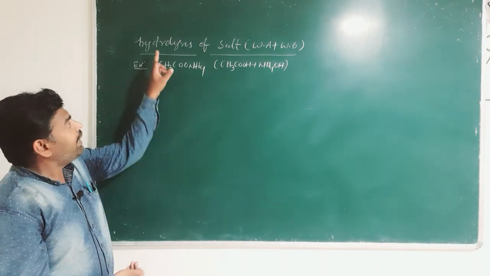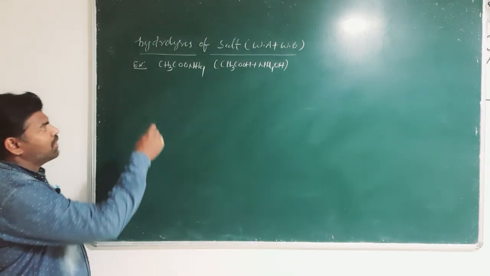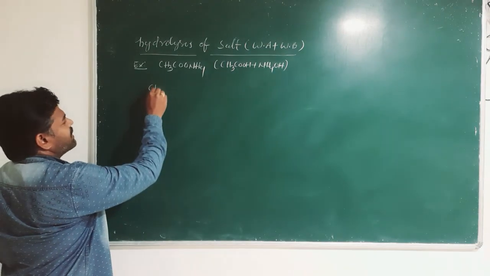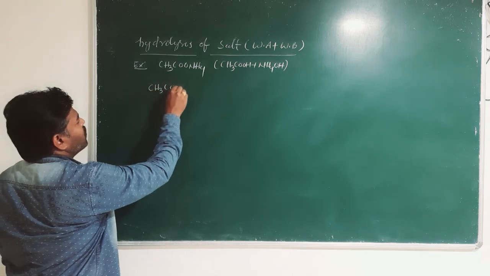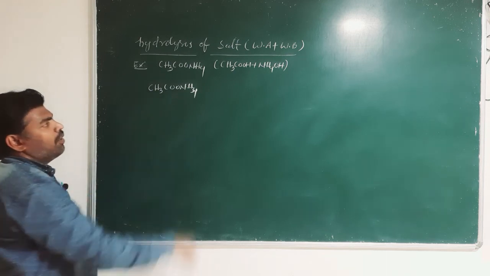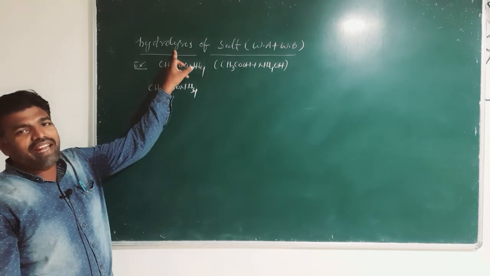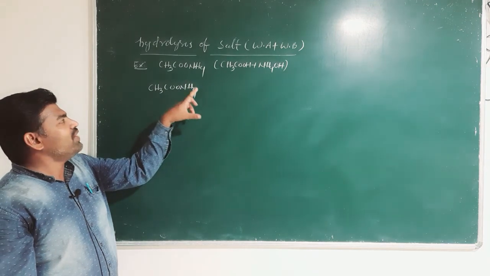Here, hydrolysis of salt derived from weak acid and weak base. The salt is CH3COONH4, ammonium acetate. Hydrolysis means adding water.